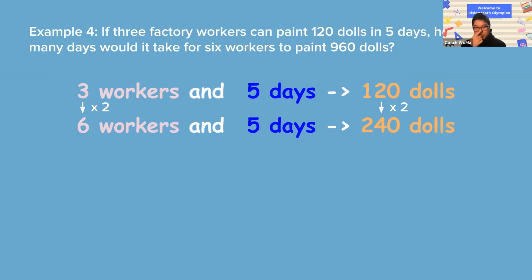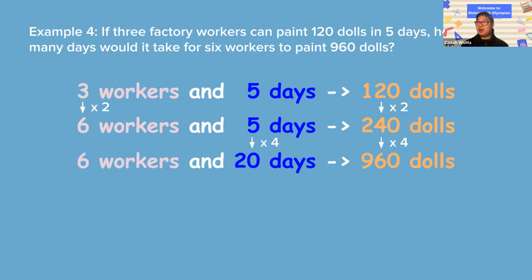If you divide it, you figure out that it's a factor of 4. So 4 times 240 is 960. If you keep the 6 workers, you have to multiply the amount of time, right? This is still at the same rate.